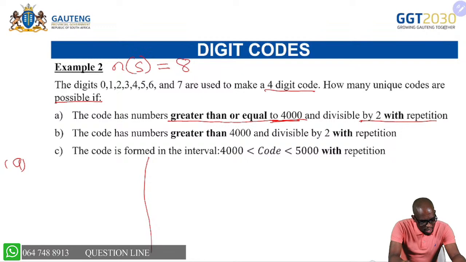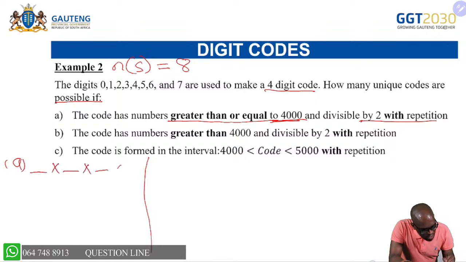They say the code has numbers greater than or equal to 4,000 and divisible by 2. So for the code to be divisible by 2, you should have factors of 2, or multiples of 2, as the last digit.